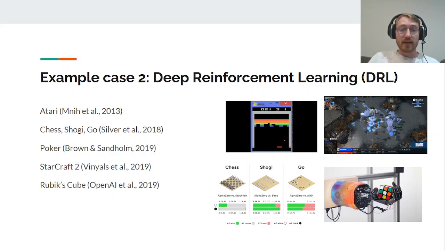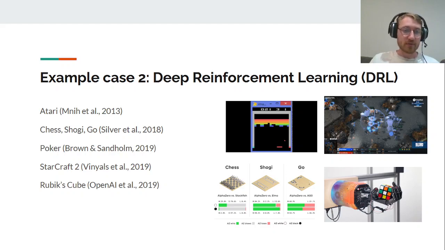So for any who are not familiar, and forgive me for brushing over the details for the sake of time, deep reinforcement learning is a type of learning algorithm that has had so many notable successes in the last decade, where this algorithm has been able to learn how to navigate really complex game environments, such as chess and Go and StarCraft, and also has had some recent successes in the field of robotics.